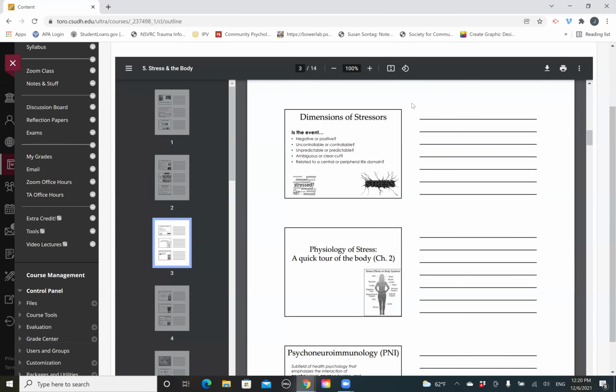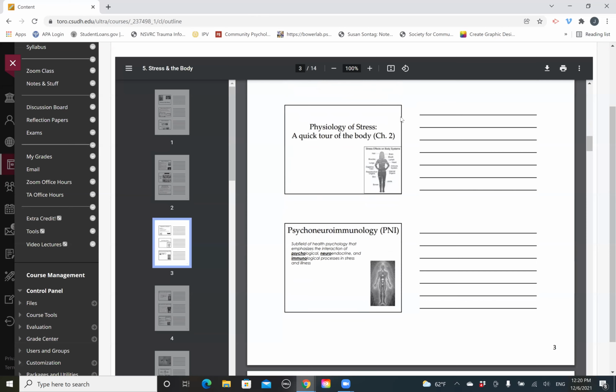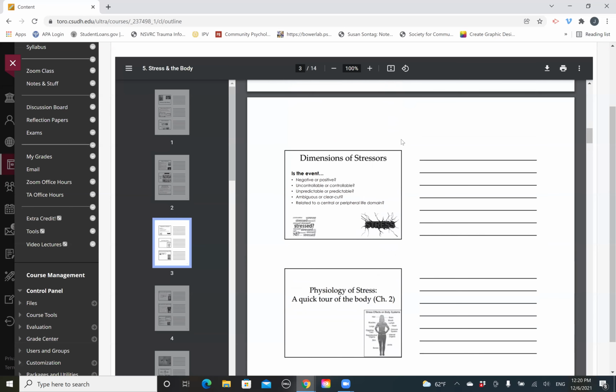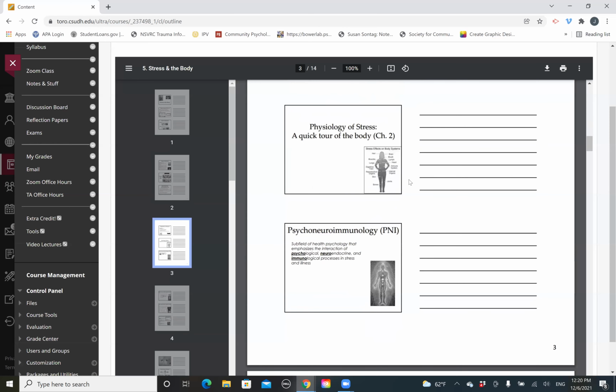Related to a central or peripheral life domain? I know we go through later, I don't know that we're going to get time, as you're going to go through when we are analyzing those, the primary appraisals, appraising the stressors in our lives.